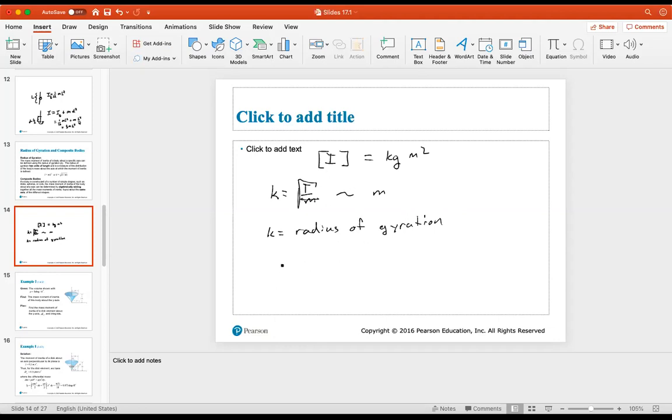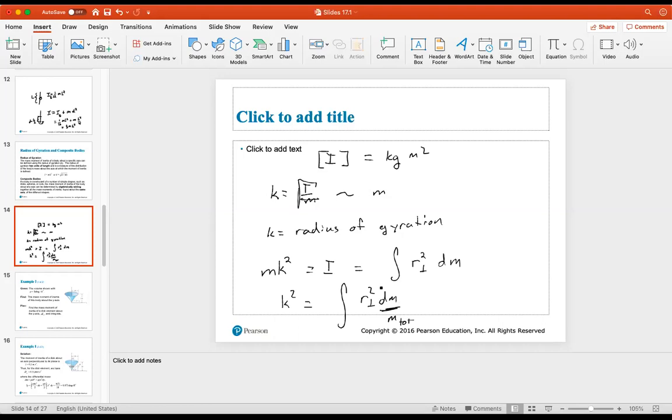We're saying that K squared times M equals I, which equals the integral of r perpendicular squared dm, which means you can actually think about K squared, let's write it out, as the integral of r perpendicular squared dm divided by M, the total mass, which is a constant.